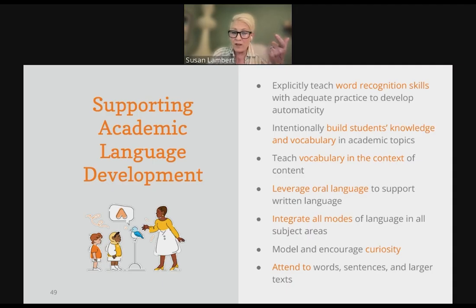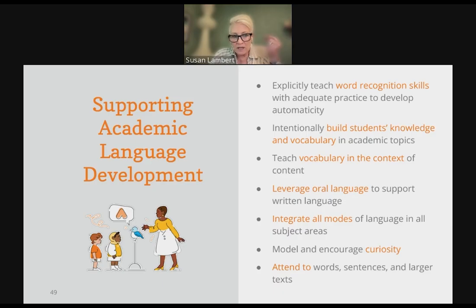That's the great thing about language, is that as long as you are a lifelong learner, your language will continue to develop. Anytime you learn something new, anytime you hear vocabulary in a different context, you learn something new. And so, again, as long as you are a lifelong learner, you will continue to develop that language.